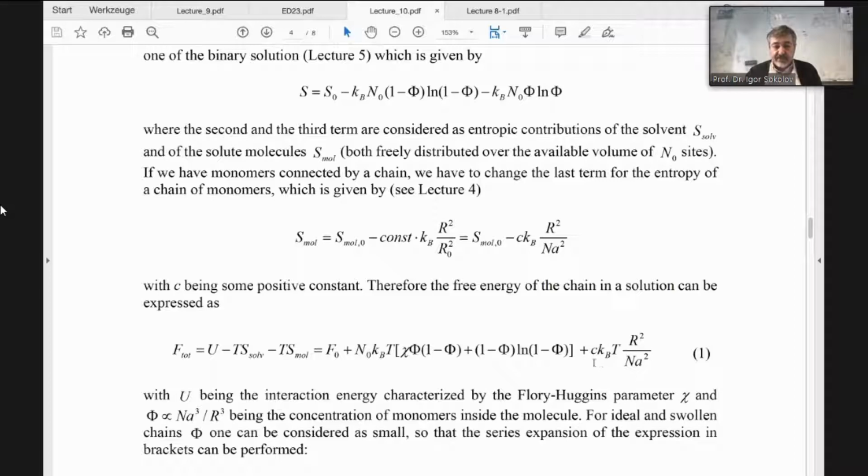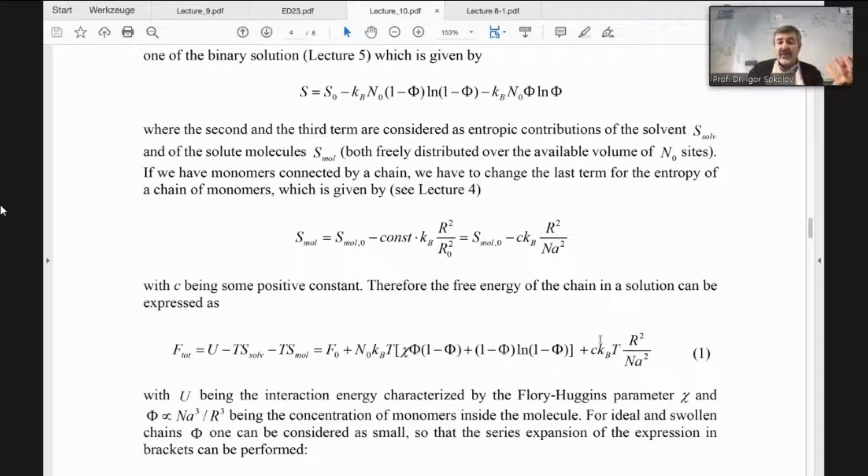So what I have now, from the Flory-Huggins, I have the interaction between the monomers and the solvent molecules, which is characterized by the Flory-Huggins parameter. This is exactly the same as what I used to have in the Flory-Huggins. I have the translational entropy of the monomers, which is exactly the same as in Flory-Huggins, and essentially it stems from the lattice gas model.